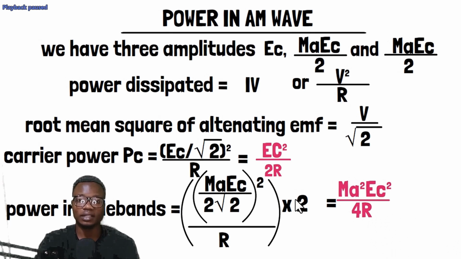So this one is the formula for power in sidebands. So here we have derived two formulas, power in carrier wave and power in sidebands. Power in carrier wave is EC squared over 2R, and power in sidebands is MA squared EC squared over 4R.